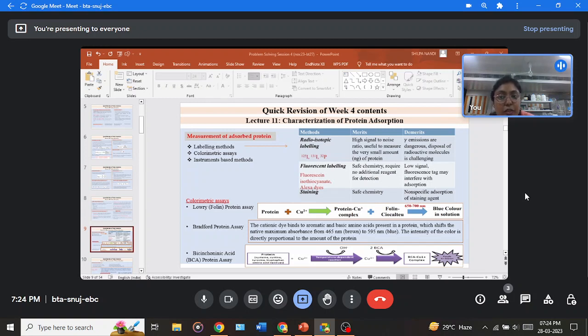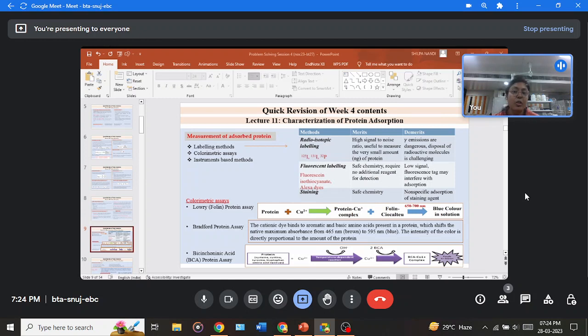In case of labeling methods, there is radioisotopic labeling, then there is fluorescent labeling. Fluorescent labeling involves dyes such as fluorescein isothiocyanate and Alexa dyes, as well as other techniques like staining. So various advantages and disadvantages can be seen from this table.